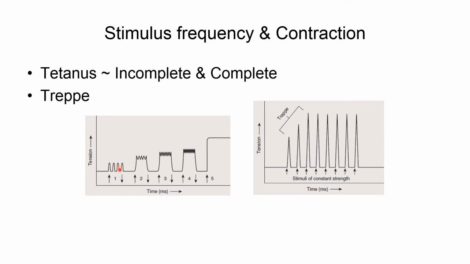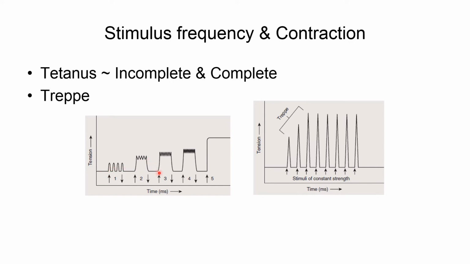In between there is breakage of cross bridges. If multiple action potentials are coming back to back, then the cross bridges are broken and made again, and broken and made again. So there is a decrease in the relaxation phase of the muscle cell.